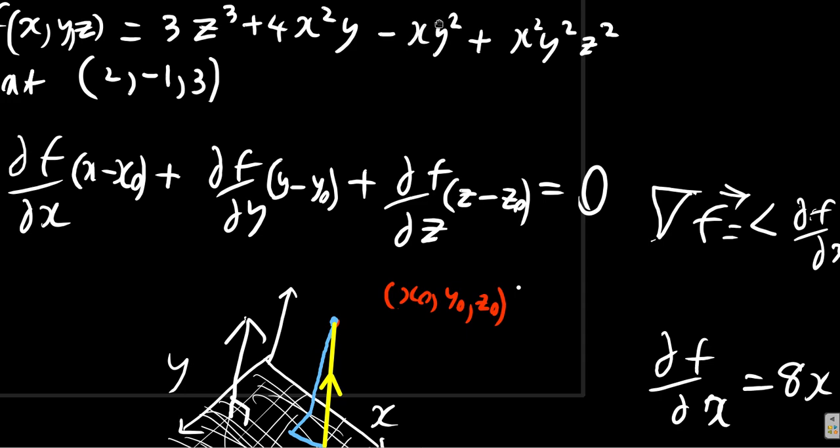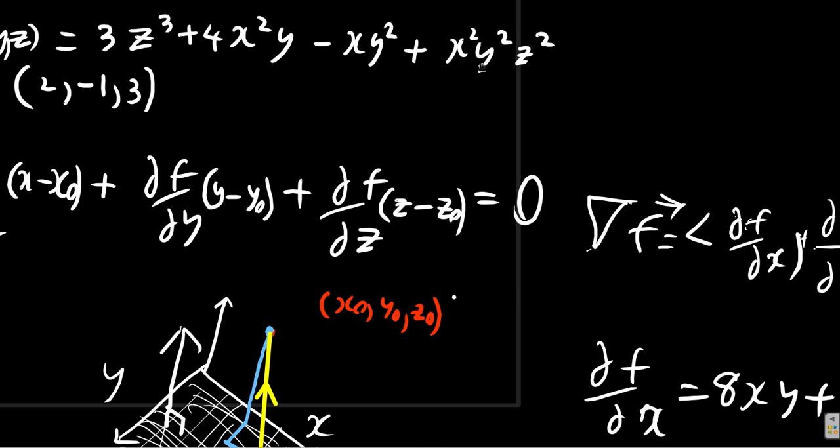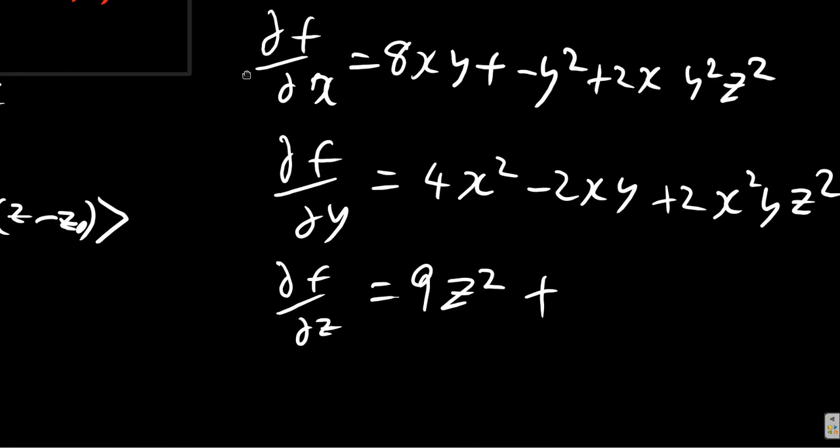Same thing will happen here. The xy squared goes to 0. Then here now will be 2 x squared y squared z. So we have 2 x squared y squared z.